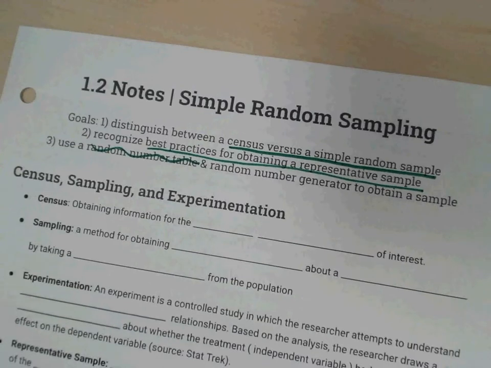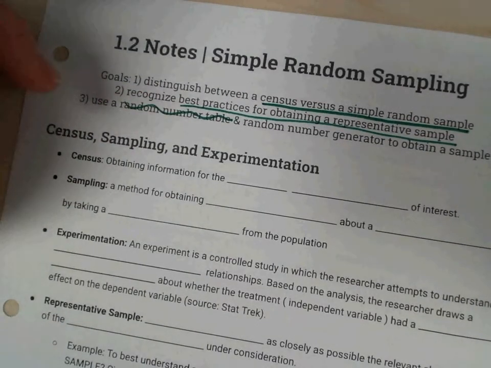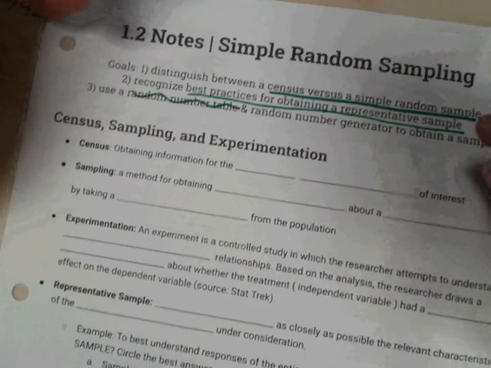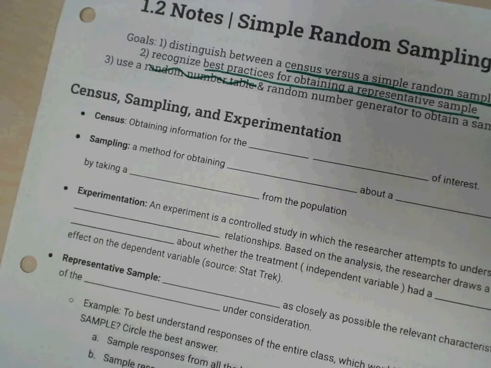So first, we're talking about census, sampling, and experimentation. Those are just three ways to collect the data. First of all is census, which is obtaining information for the entire population of interest.